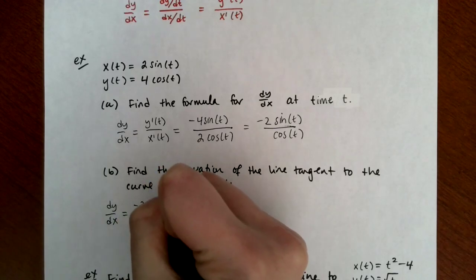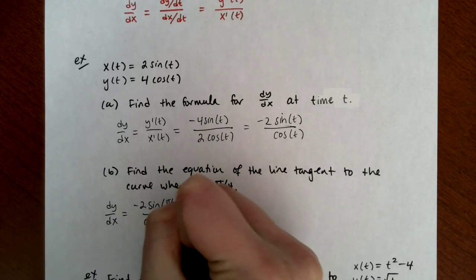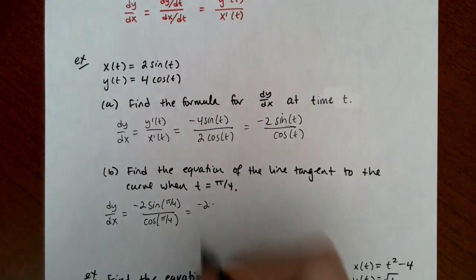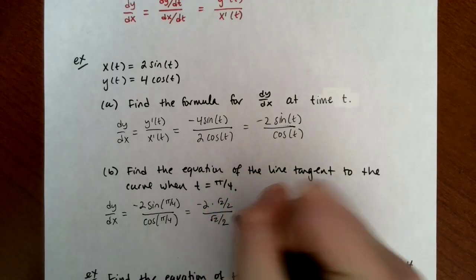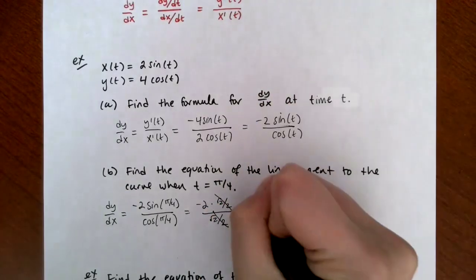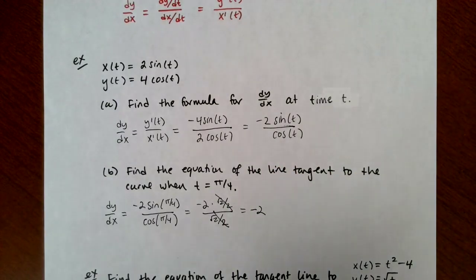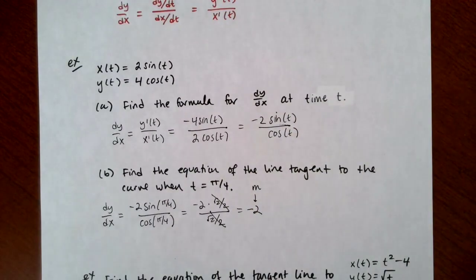So we have negative 2 sine of pi over 4 over cosine pi over 4. Sine of pi over 4 is root 2 over 2. Cosine is the same, so these actually cancel. And we get negative 2. This is the slope of our tangent line. This is the m. And now we need just the xy point.